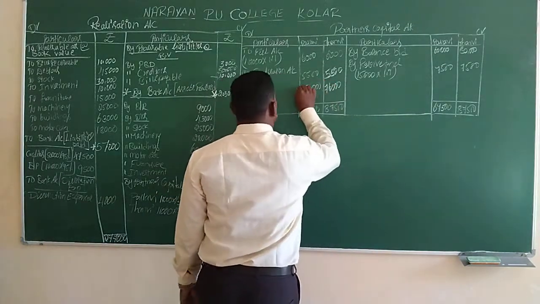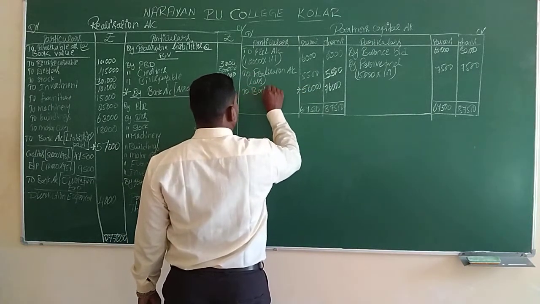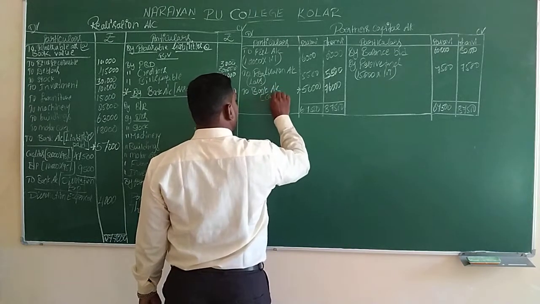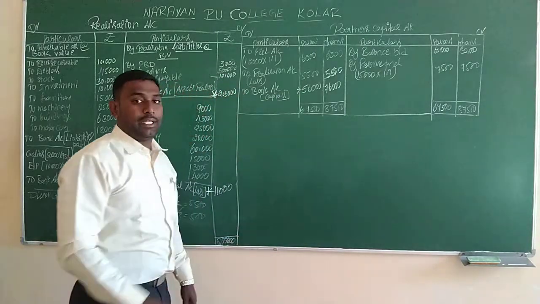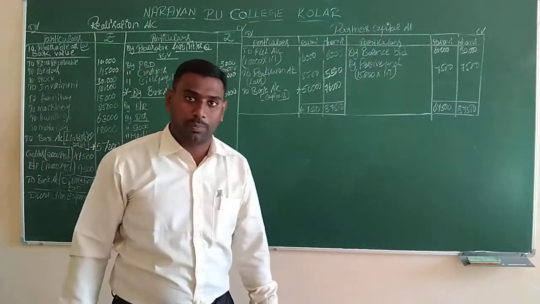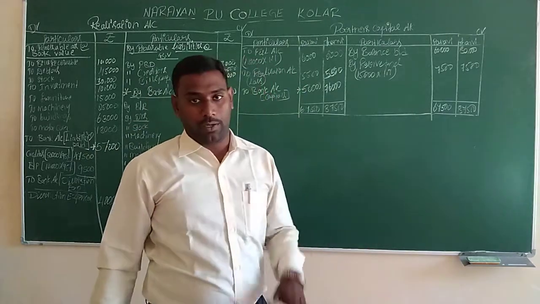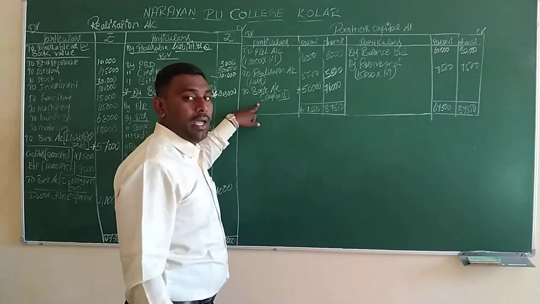So for this we will write to bank account. In bracket mention the capitals. Here we won't write balance carried down and balance brought down, because if the firm were continuing we would write balance brought down, but since the firm is closing, there is no need to write balance carried down.